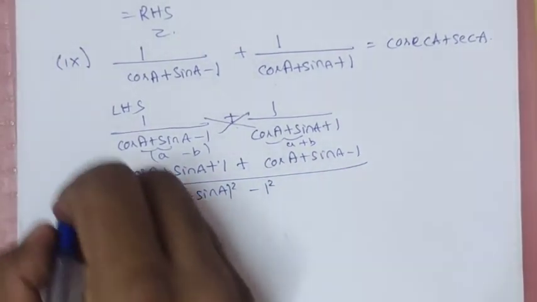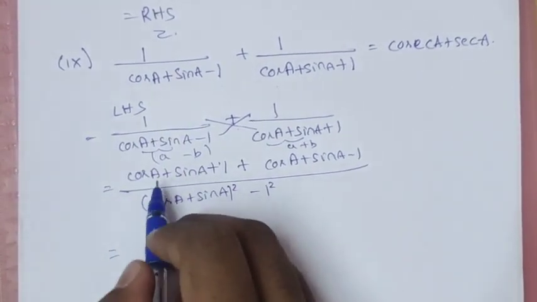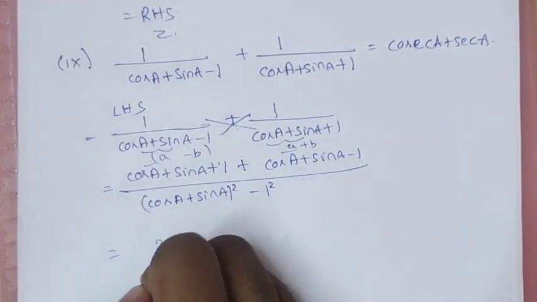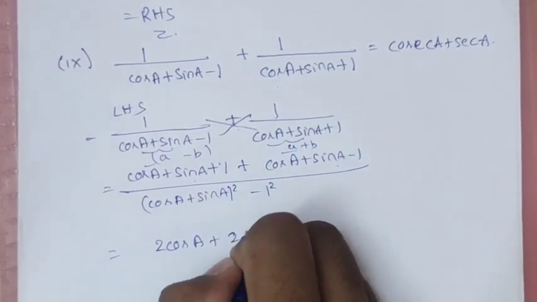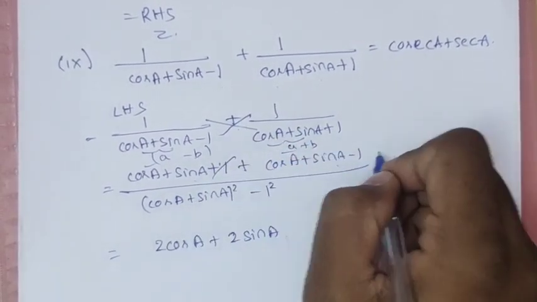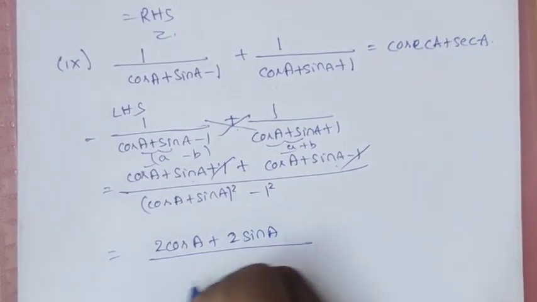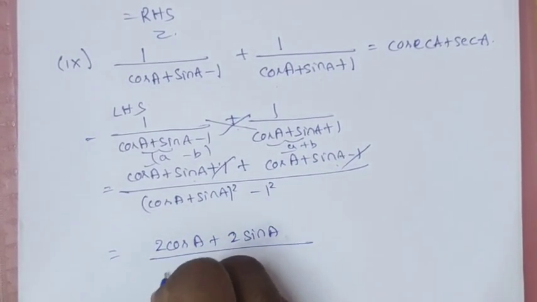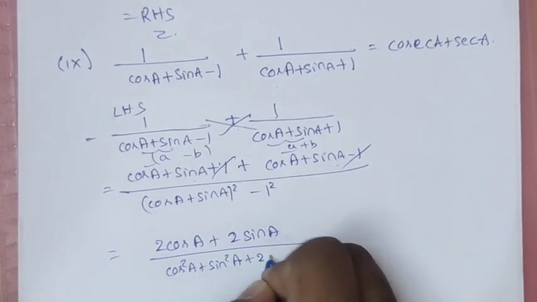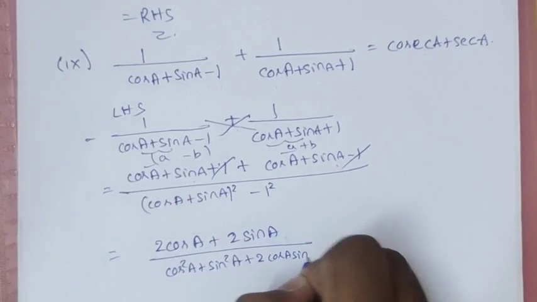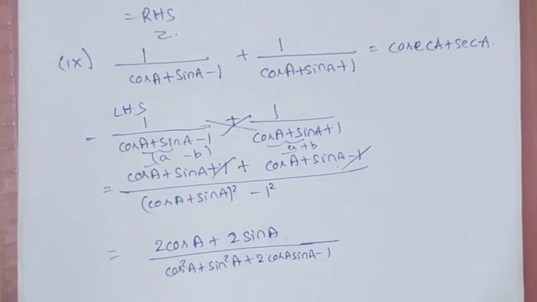Got it? Similarly, if we solve the numerator, here cos a is two times, 2 cos a plus 2 sin a, and plus 1 and minus 1 get cancelled, whole divided by, what we get here, cos square a plus sin square a plus 2 cos a sin a minus 1.